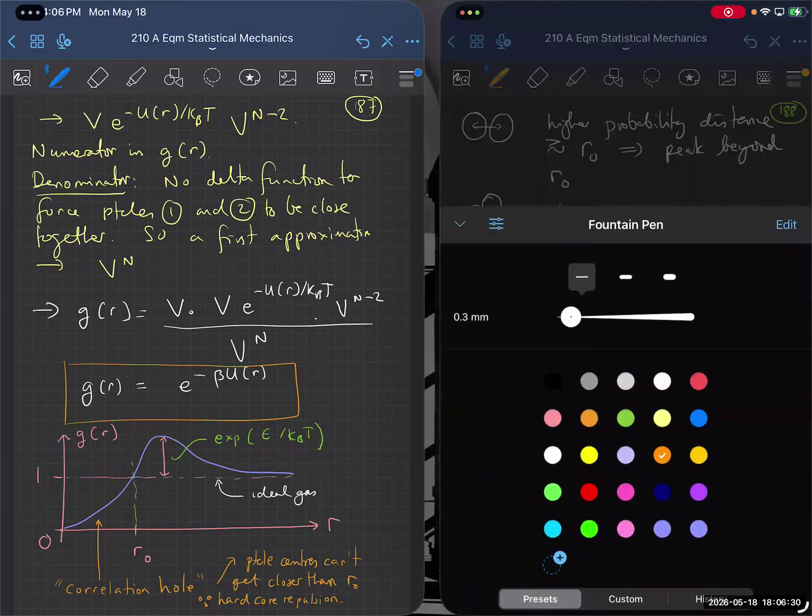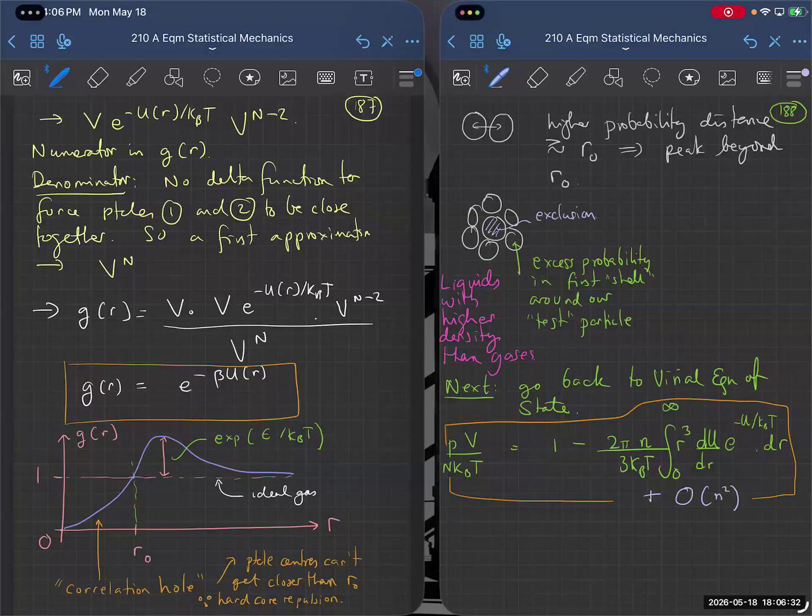So the next thing you might say is, well, how can we generalize this and make it precise and not hand waving it?